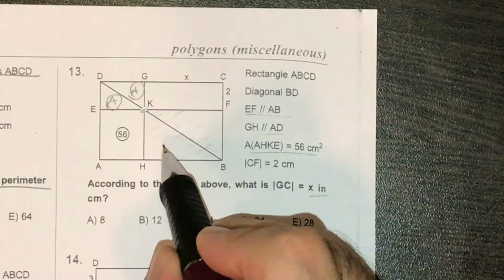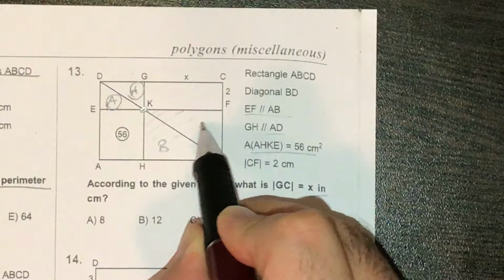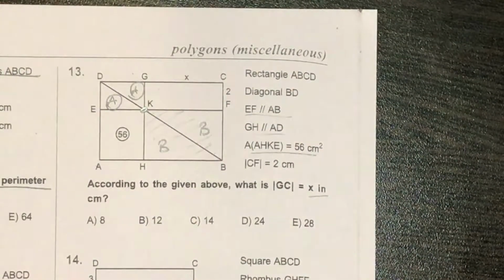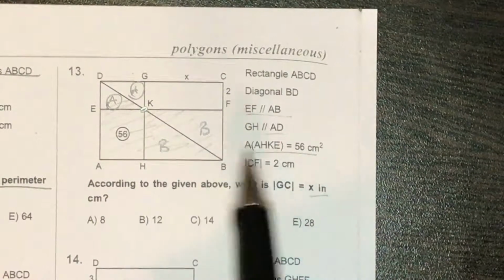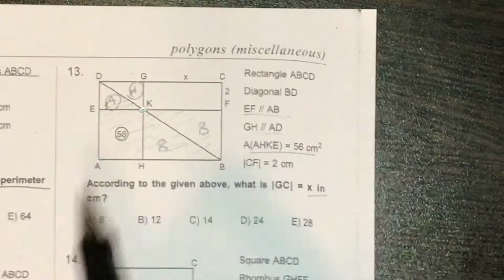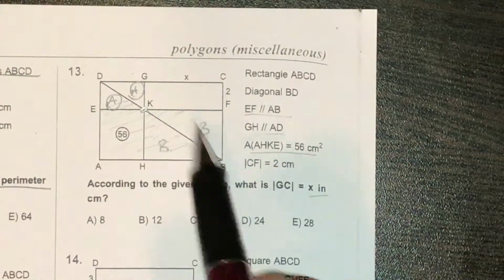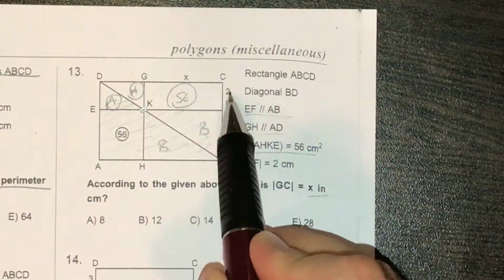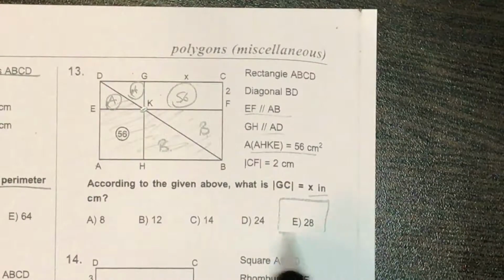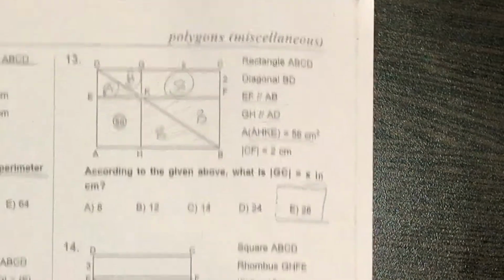Let's say these are B's as well. Let's say this is B, and let's say this is B. So as you see here, it is A plus B plus 56, and this is A plus B plus, so it must be 56 as well. So 56 is equal to 2 times X, so therefore X must be 28.